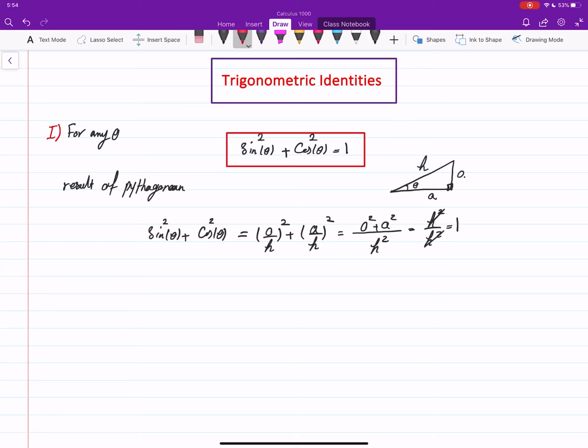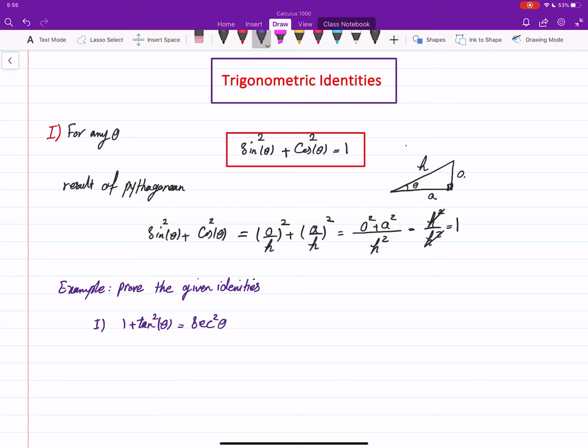Let's do one example of this one. Example 2. Prove the identities. The first one is 1 plus tan squared theta is always equal to secant squared theta.